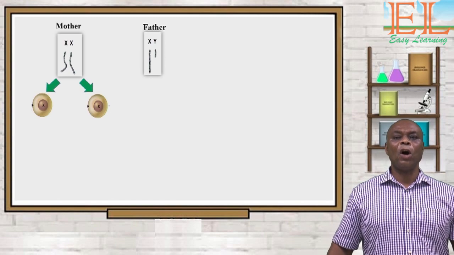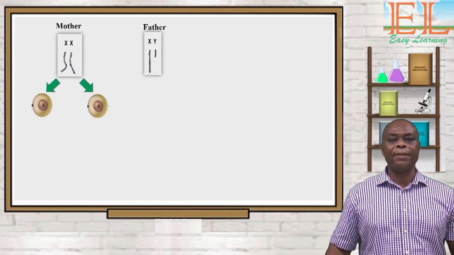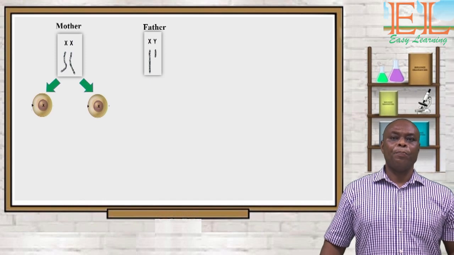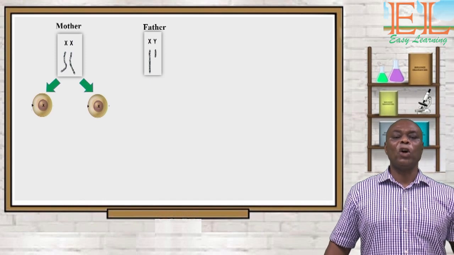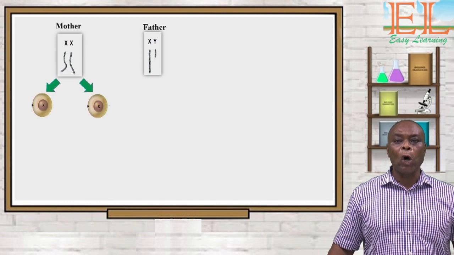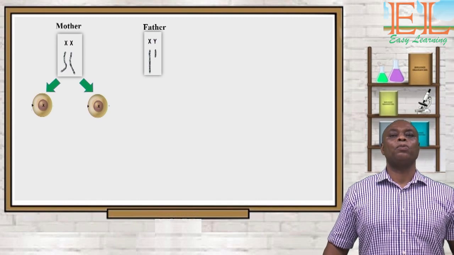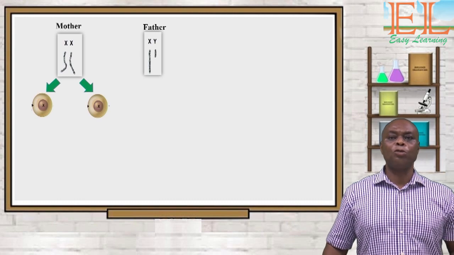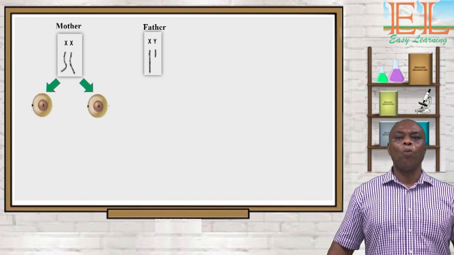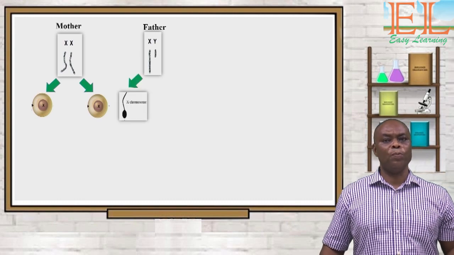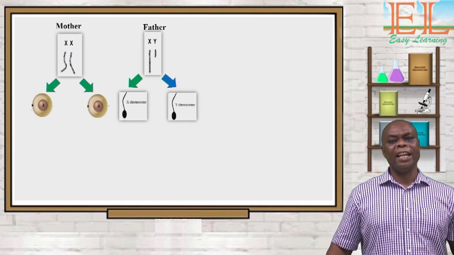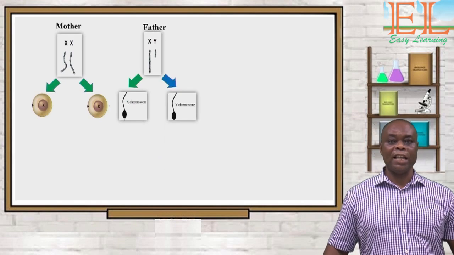In the formation of their sex cells or gametes, the female produces eggs, which contain X chromosome because they only have the X chromosomes, whilst the male produces two different sperms, one containing Y chromosome and the other containing X chromosome, as you see on your screen.